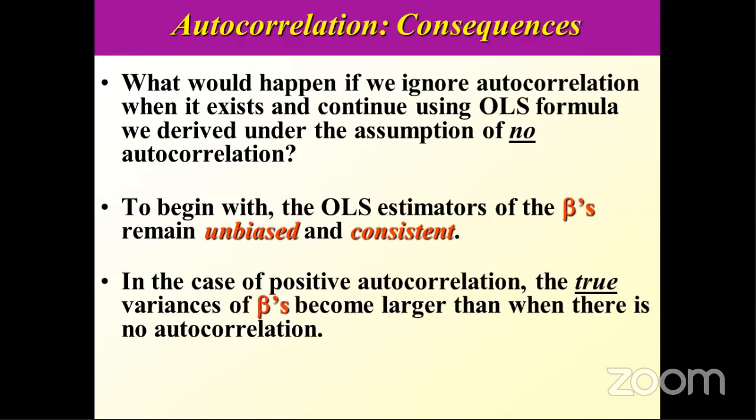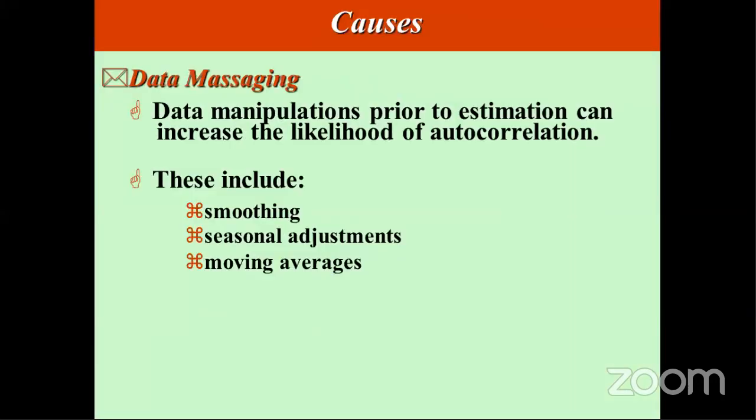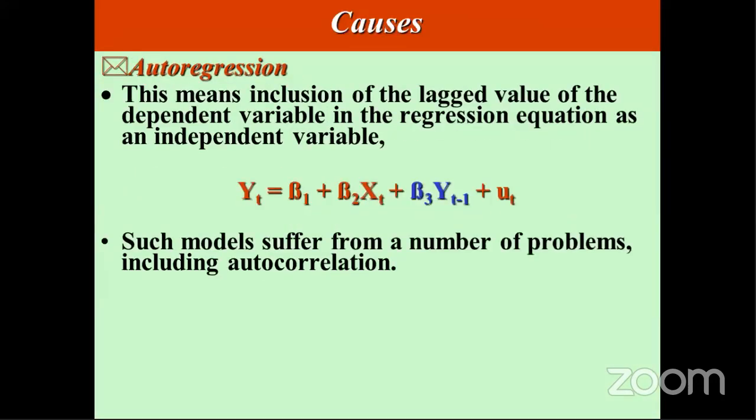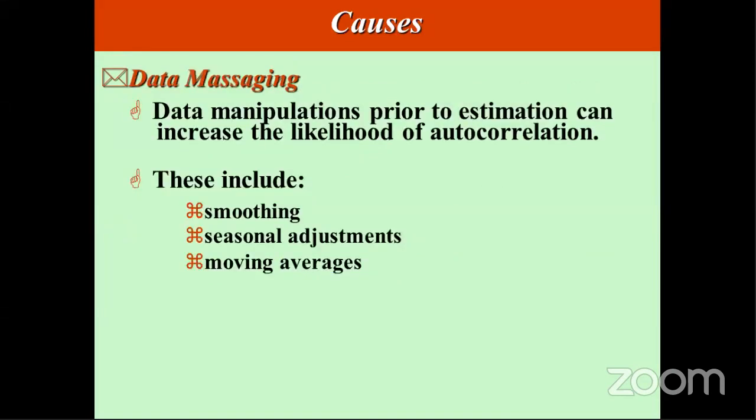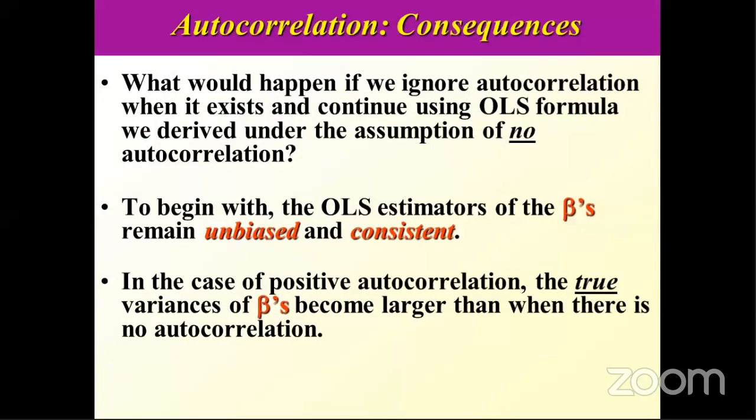The first one is related to business cycles. The second one is related to the cobweb phenomenon. The third one is related to autoregression, and the fourth one is related to data manipulation or data massaging. These are the four important causes for the problem of autocorrelation.